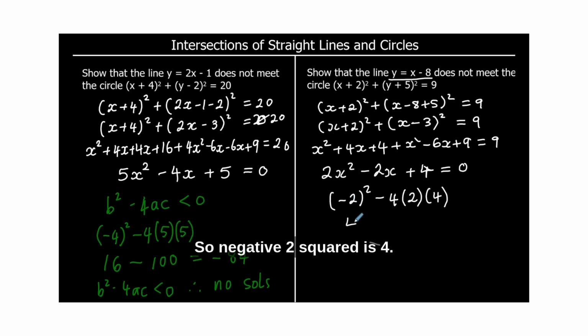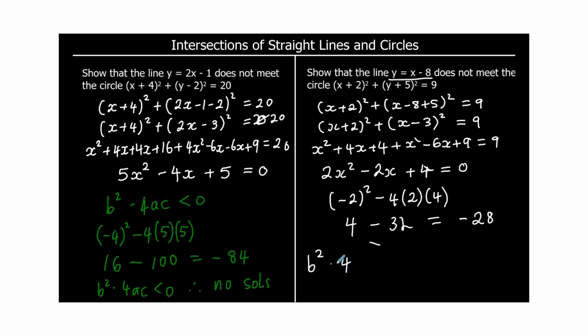So negative 2 squared is 4. 4 times 4 times 2 is 32. So 4 take away 32 is negative 28. So the discriminant is less than 0. Therefore, there are no solutions, no intersections.